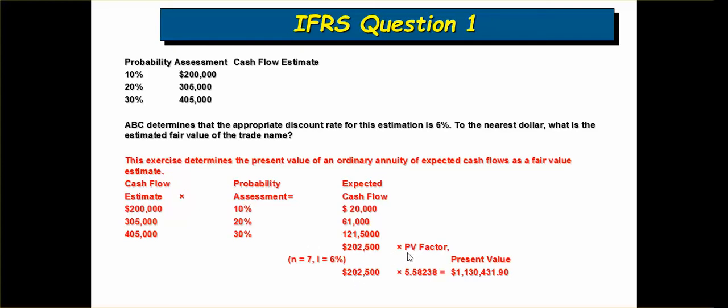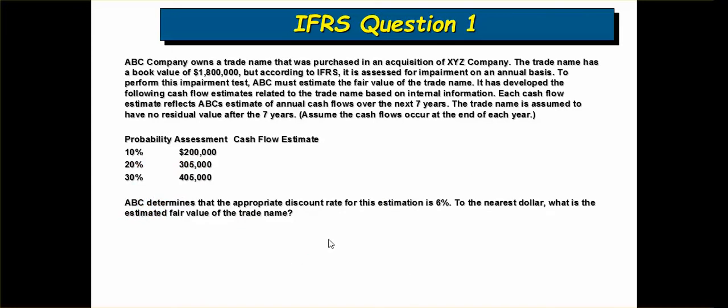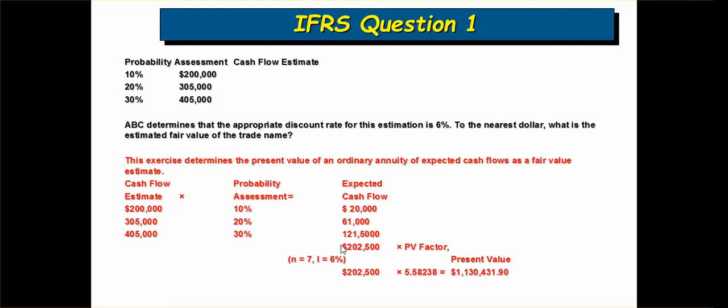Times the factor. Okay, so we need to know this because that's going to be in the future, right? 7 years. That's how much it's worth. So we need to figure out what is worth the current value. So the present value factor based on 7 years, 6% discount rate, using the present value table 6-4, is 5.58238, present value of a single sum.